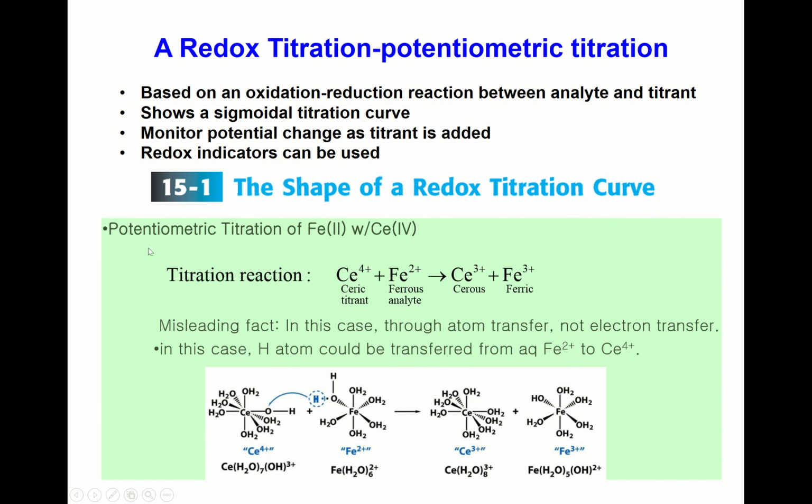Let's consider the potentiometric titration of ferrous ion with ceric ion. This is cerium, right? Cerium has two prominent oxidation states, plus 4 and plus 3. Plus 4 is a very strong oxidizing agent, which is called the ceric ion.